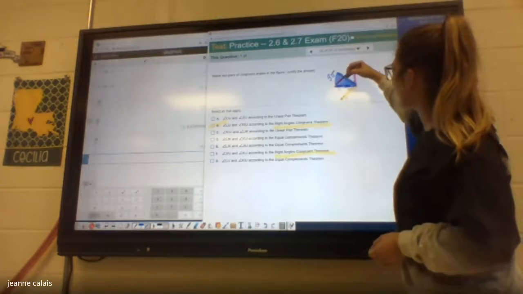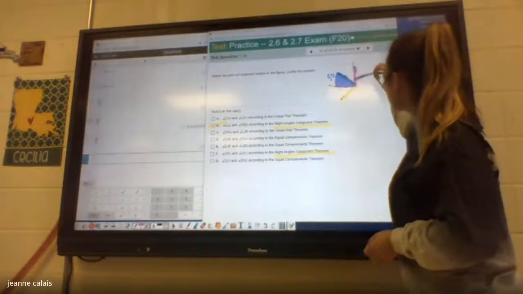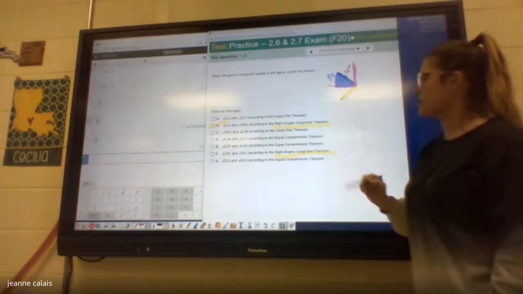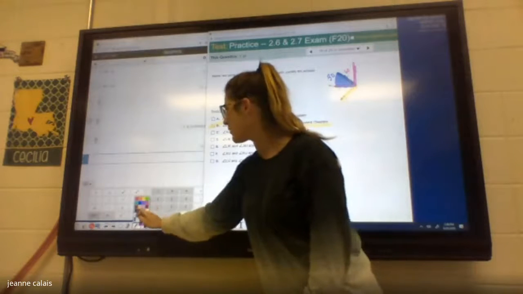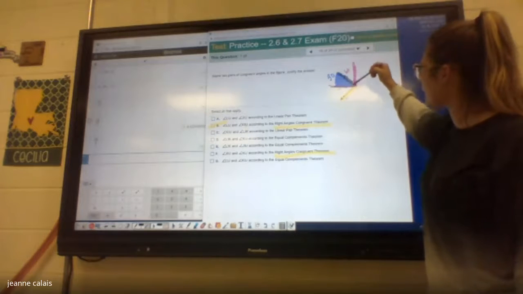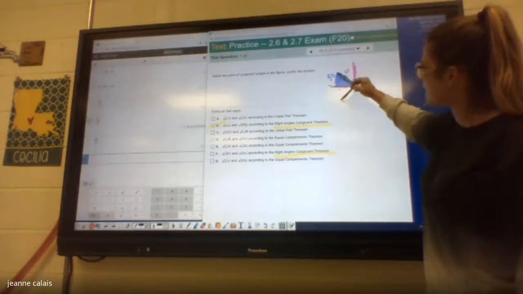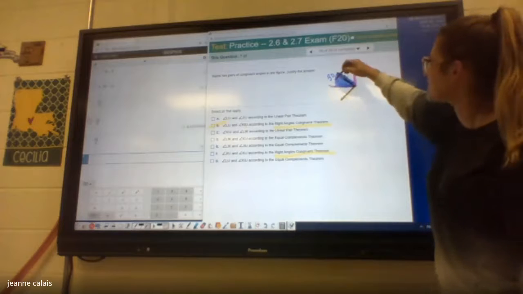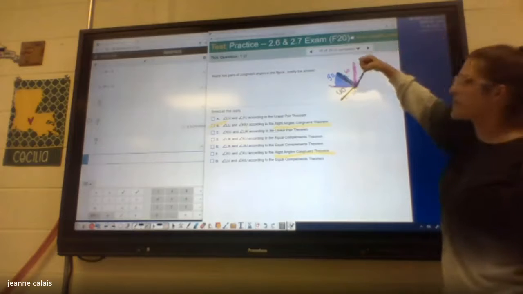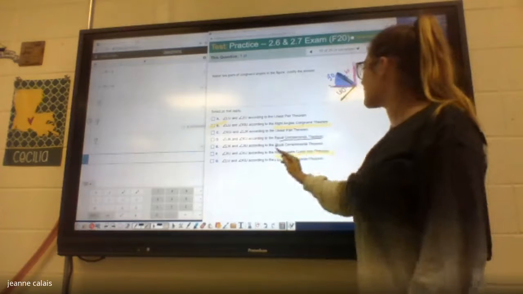Well, that means if it's got to add up to 90, this has to be 60, correct? Now, I'm not going to write in yellow because that's going to be really hard to see. But again, I have a right angle here, highlighted in yellow. And if this is 30, see what I marked over in black? This has to be 60 as well. So angles complementary with the same angle are going to be congruent, and that is the equal complements theorem.